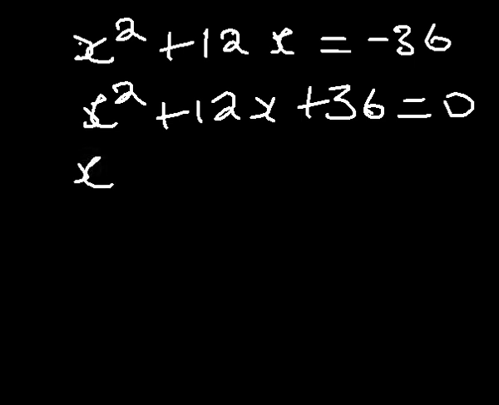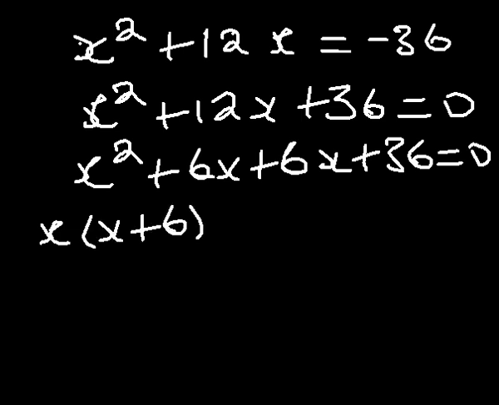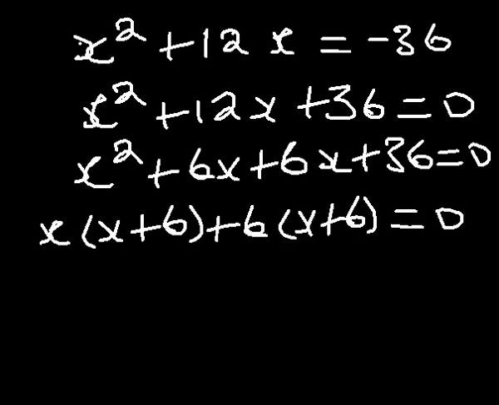So we have x squared plus 6x and also plus 6x, plus 36, equal to 0. In this case we have x plus 6, and 6 and x plus 6, which is equal to 0.